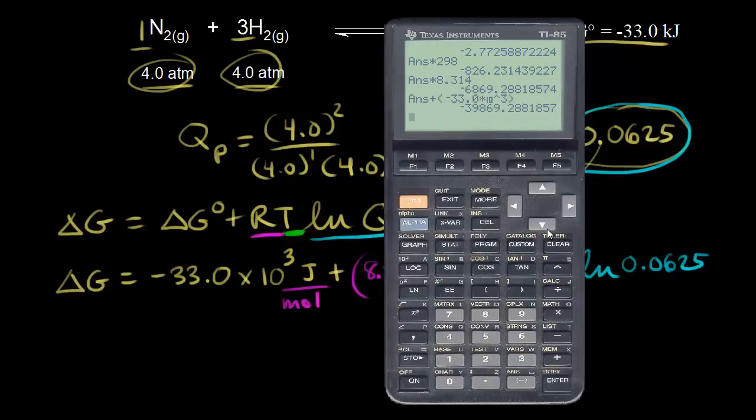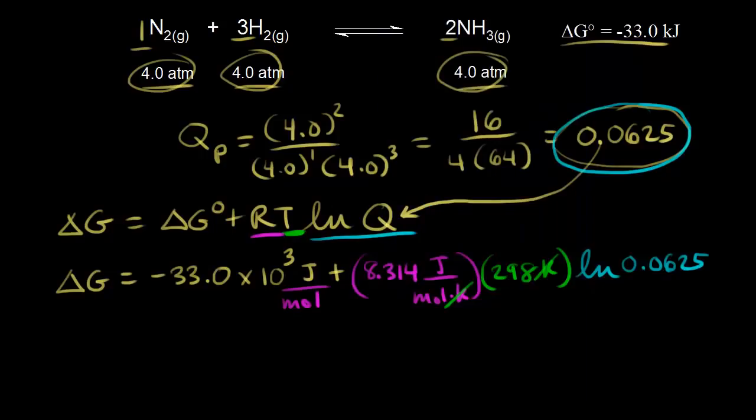And that should give us our change in free energy, which is equal to negative 39.9 kilojoules per mole. So I'll round that. So delta G is equal to negative 39.9 kilojoules per mole. It's just easier to think in kilojoules.